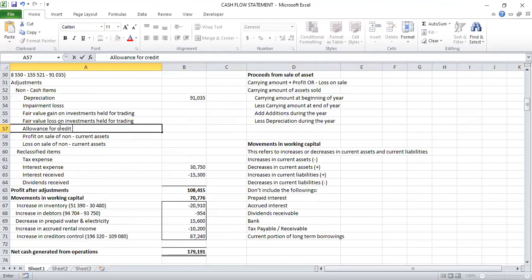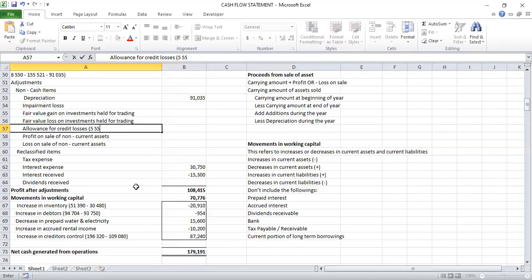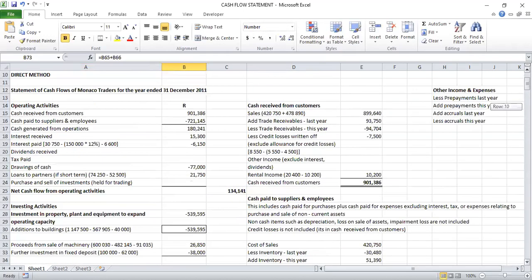You include the difference, which we have here. It's 5,550 minus 4,500. What do we get? 1,050. So it becomes 180,241. If you check here, that's 180,241 also.